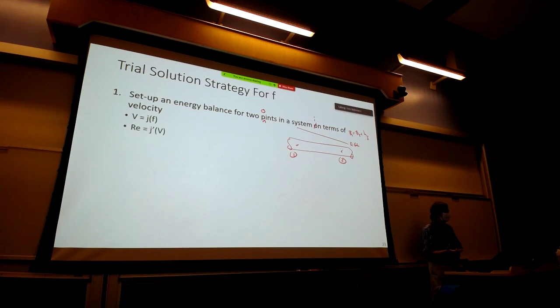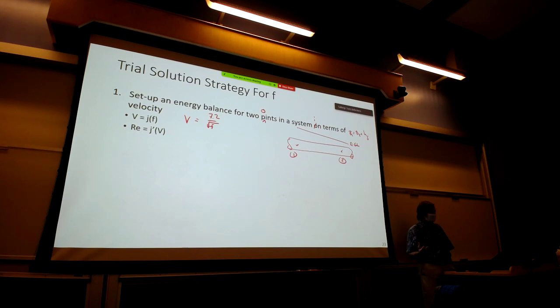And the other thing is, if you did know the velocity, you could calculate the Reynolds number, because you know the pipe diameter in this class of problems, and you know the kinematic viscosity of the fluid. So these are just two functions. For example, V is equal to 7.2 over the square root of F. That is velocity as some function of F, right?